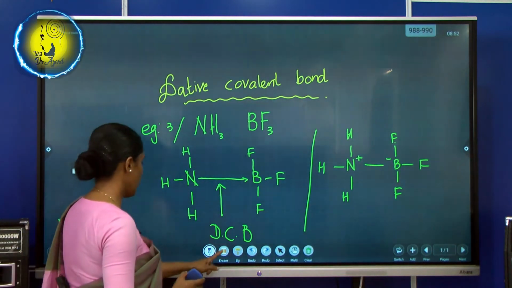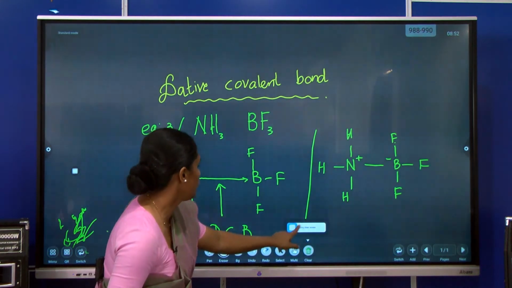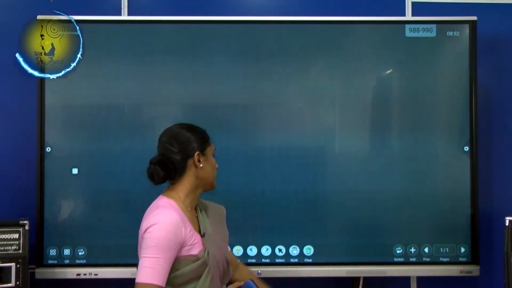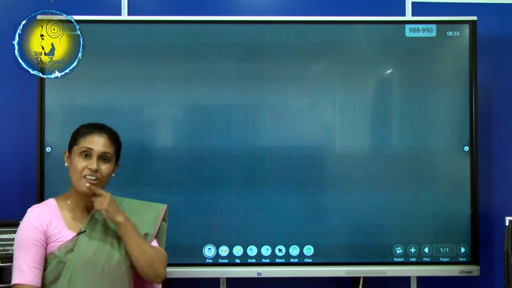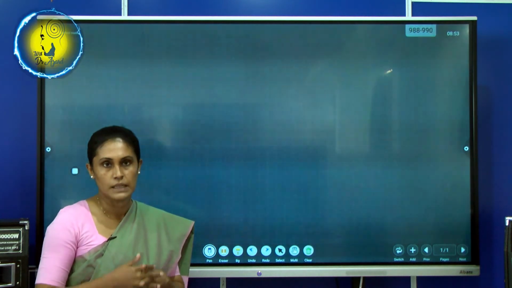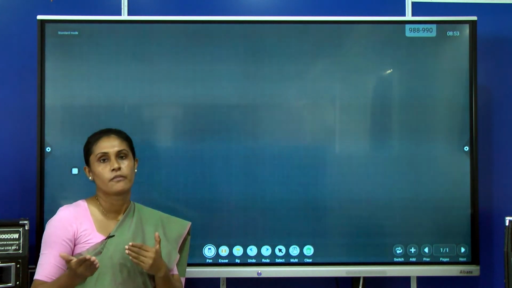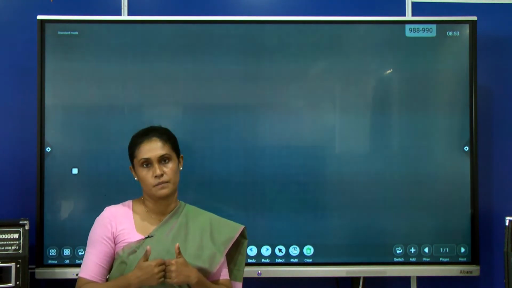Anyway, I am going to clean the board and move to the other part of the lesson. Now we have come to the end of our notes. We are going to draw a metal ion which gets a lone pair from another atom.